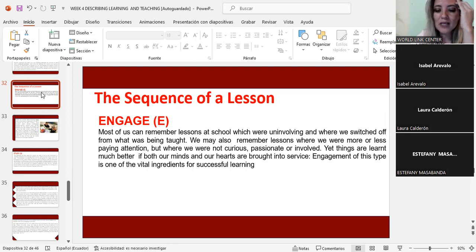Right? Why is engagement important? Simply put, an increased level of engagement will lead to greater student learning and improve the learning process.